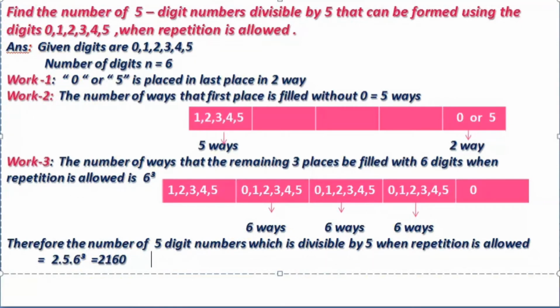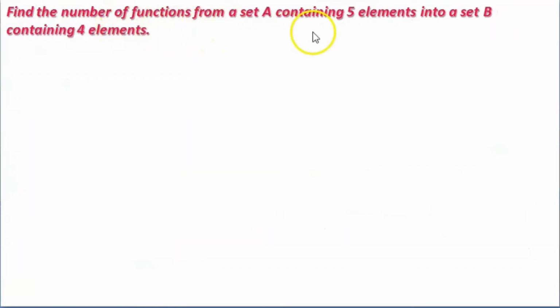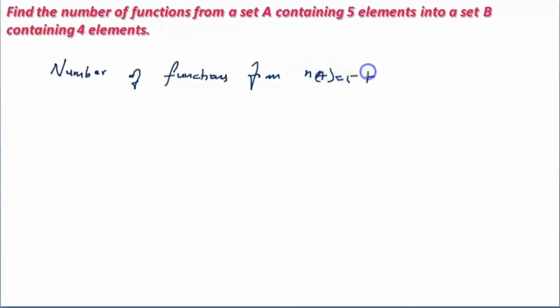It must be clean and clear. Find the number of functions from set A containing 5 elements to set B containing 4 elements. So the number of functions, with n of A equal to 5 and n of B equal to 4, the formula is n of B power n of A, that is 4 power 5.